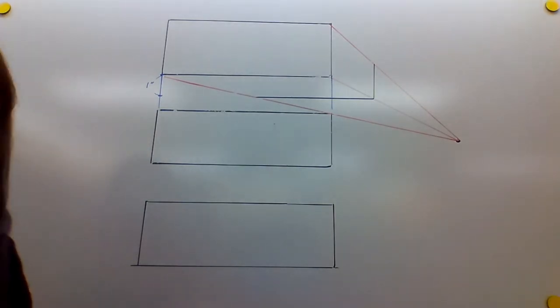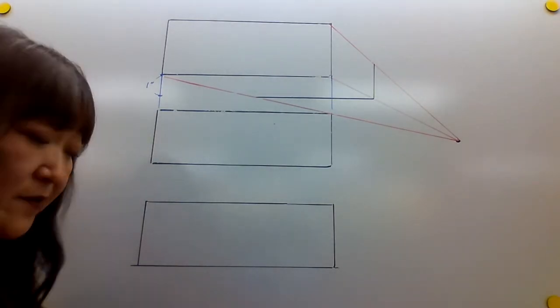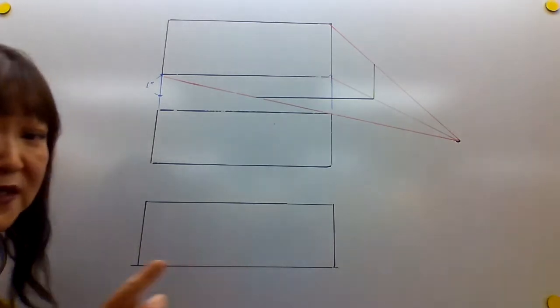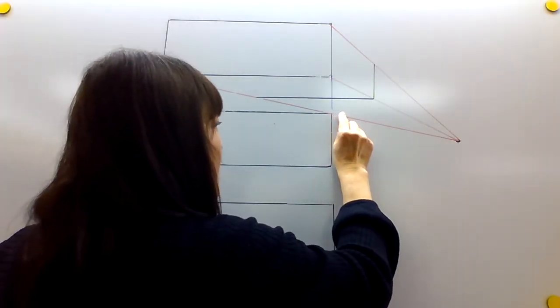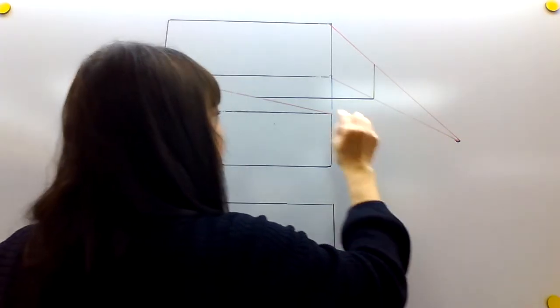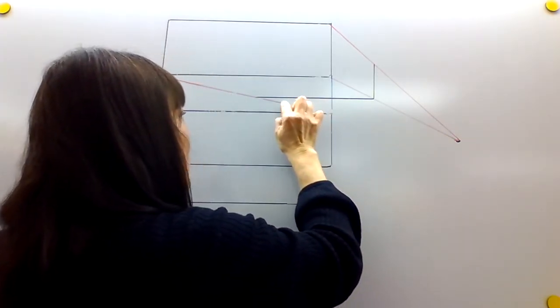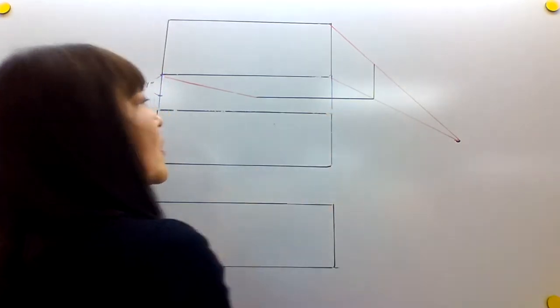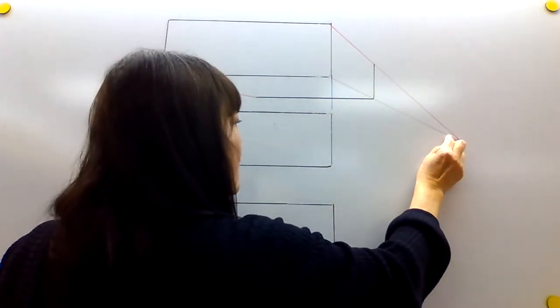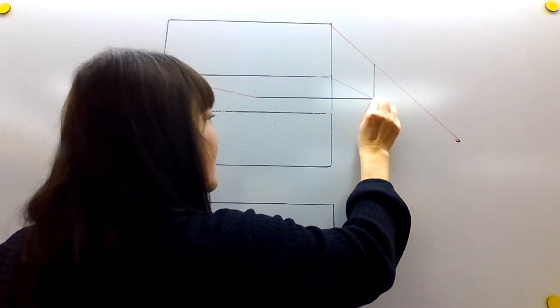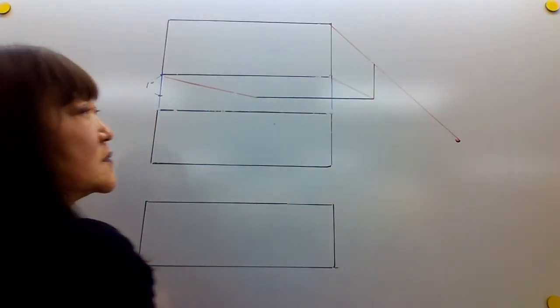But then you have to take care of erasing. Okay, here are the places you need to erase. Okay, watch. So you erase the perspective line which is not a part of the box. So you keep that much. Okay? Erase the perspective line that's not part of the box.